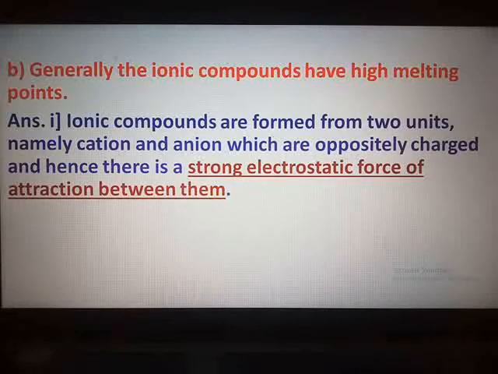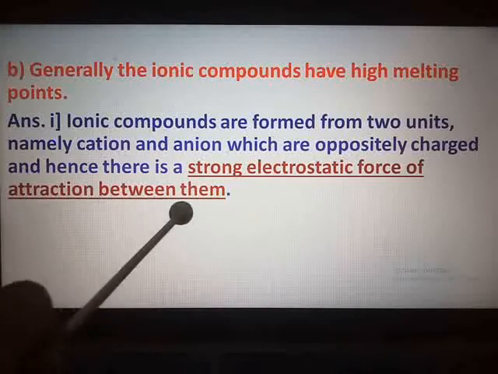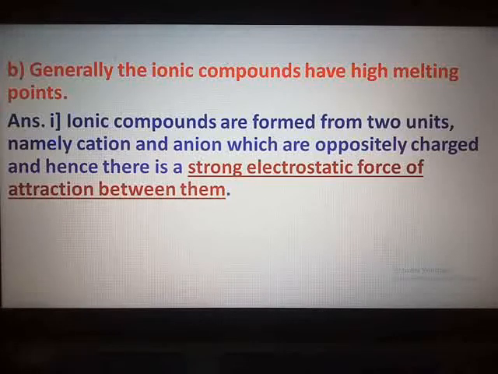The statement starts from the compounds formed. Instead of that, you just add: ionic compounds are formed from two units, namely cation and anion, which are oppositely charged, and hence there is a strong electrostatic force of attraction between them.